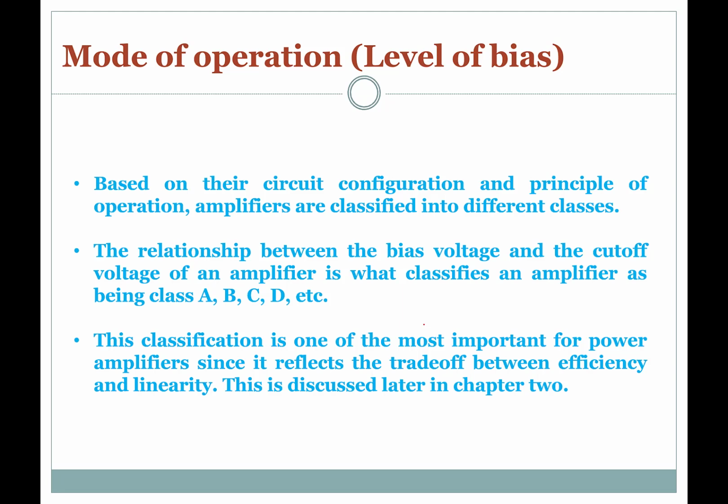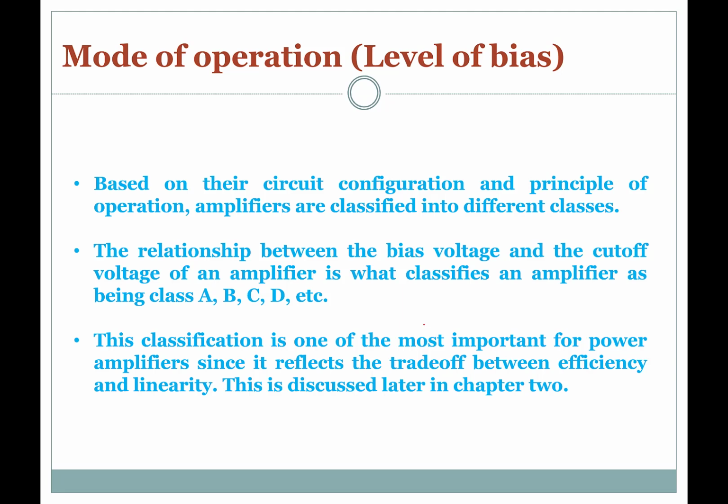So based on their circuit configuration and principles of operation, amplifiers are classified into several classes. The relationship between the bias voltage and the cutoff voltage of an amplifier is what classifies an amplifier as being either a class A, a class B, a class AB, a class C, or a class D amplifier.